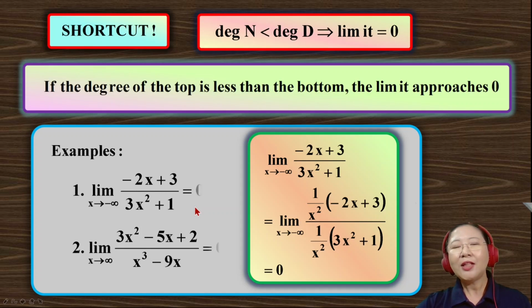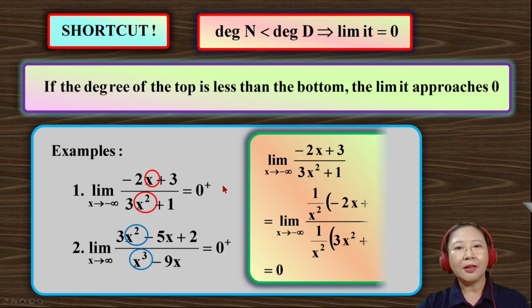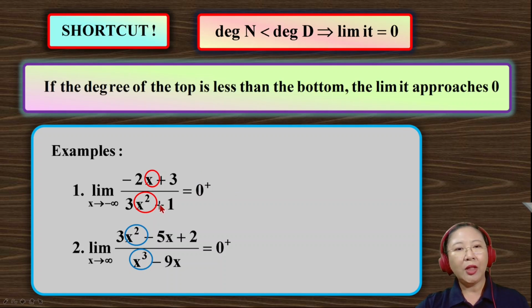Okay? So let's look at these examples. In all of these examples, you will notice that the degree of the numerator is less than the degree of the denominator. So we know that the limit will definitely be 0. So is it 0? Why do I write 0 plus? Press in the calculator and you will notice that all these values, when coming from negative infinity, you put into the square, it is going to be a positive value at the bottom.